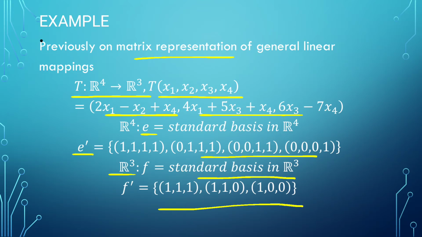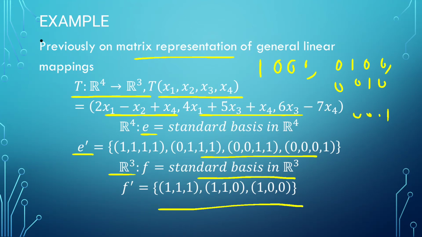Remember, when we talk about the standard basis of E, we talk about 1, 0, 0, 0. We shift the 1: 0, 1, 0, 0. We shift the 1 again: 0, 0, 1, 0. We shift the 1 again: 0, 0, 0, 1.